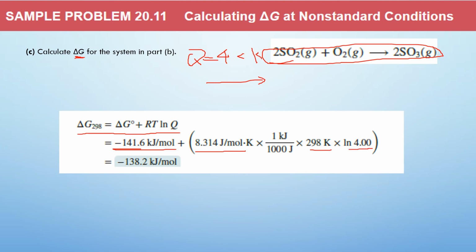The only thing to pay attention to here is that delta G naught is in units of kilojoules, while your R constant contains joules, not kilojoules, so you have to convert it. At the end you get negative 138.2 kilojoules per mole.